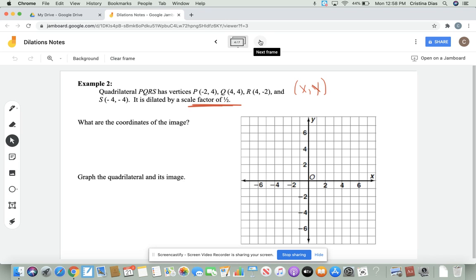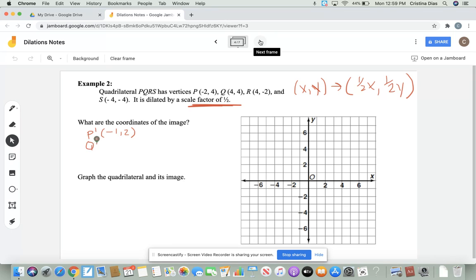And remember from the very first slide that we did together, we did mention that if the scale factor is greater than 1, it'll be an enlargement. But if it's between 0 and 1, then it'll be a reduction. The figure will get smaller, and hopefully that's what we will see here. So P prime. So if P was -2, 4, then 1/2 that would be -1, 2.